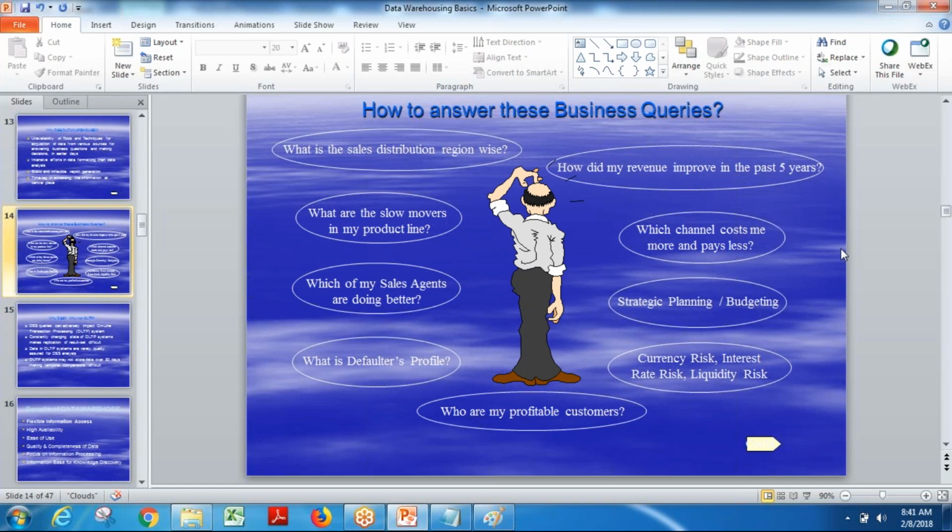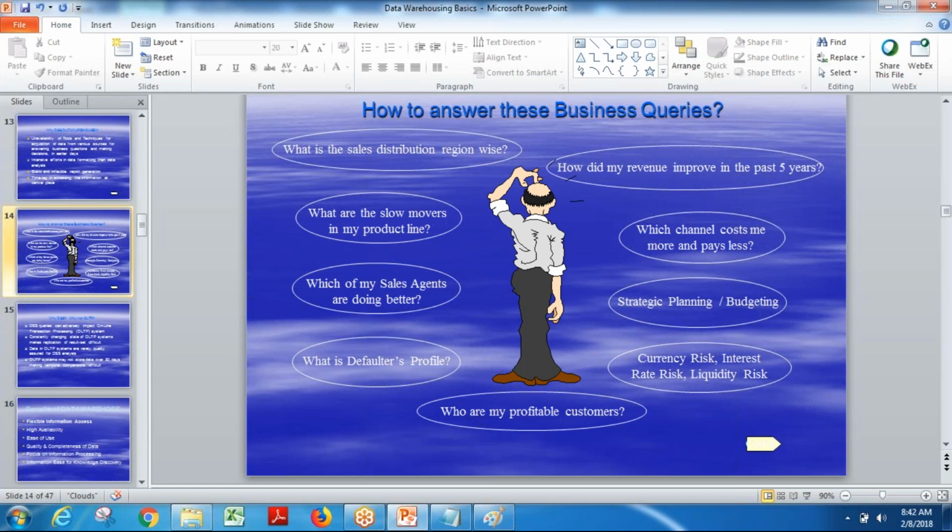If out of the 10 types of credit cards Bank of America has, people are liking only one product, then what is the point of keeping the other 9 types? It's a waste of your time, your marketing efforts, and your money, where you're investing in those 9 types of credit cards to sell them. That is the important thing we need to understand.